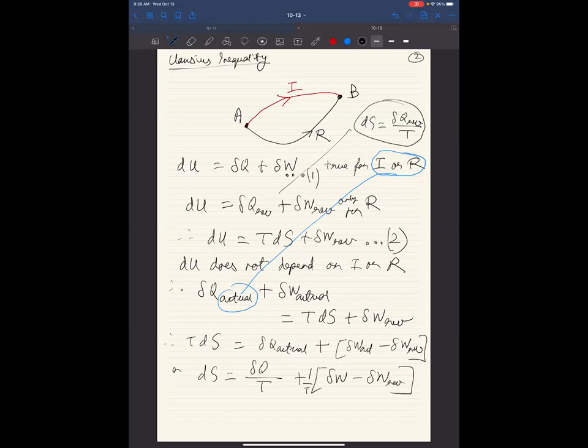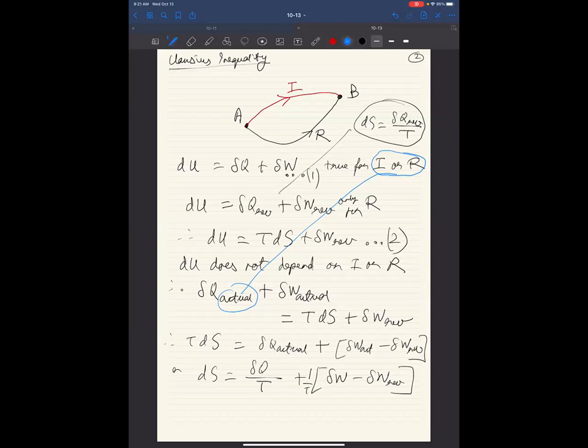This is just a bit of manipulation, but we have written an interesting equation. The interesting thing about this equation is that when we saw the definition of entropy, our dS was delta Q reversible by temperature. Now we don't have that. This delta Q could be an irreversible process. It could be anything, reversible, irreversible, any path, doesn't matter.